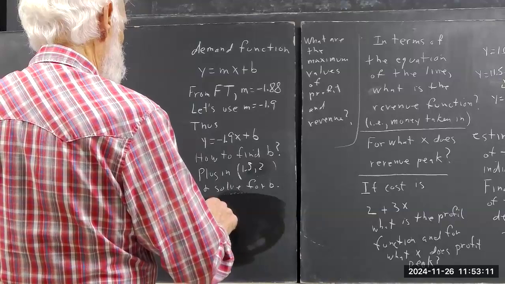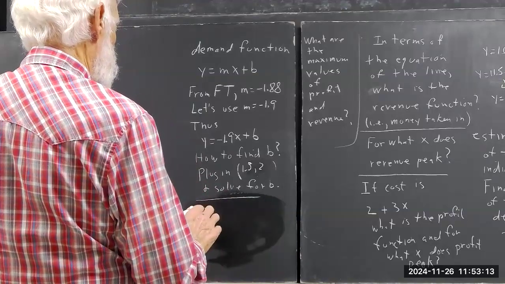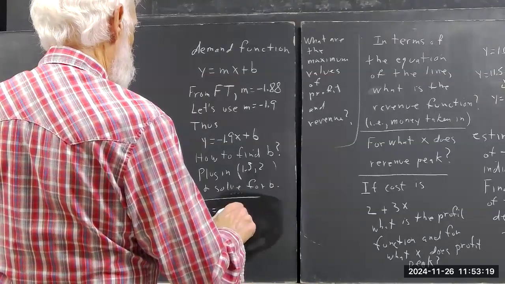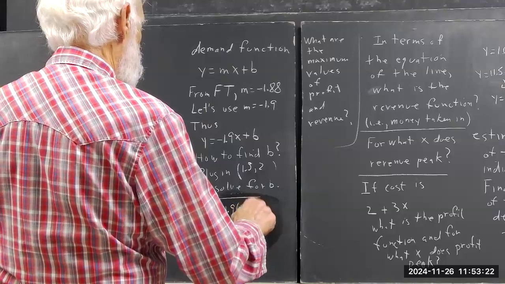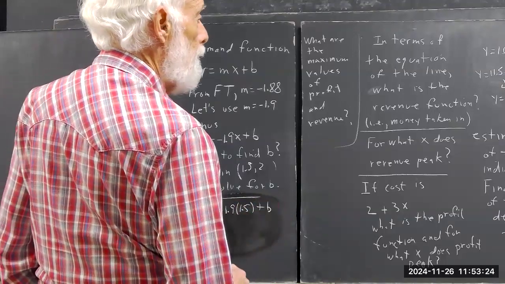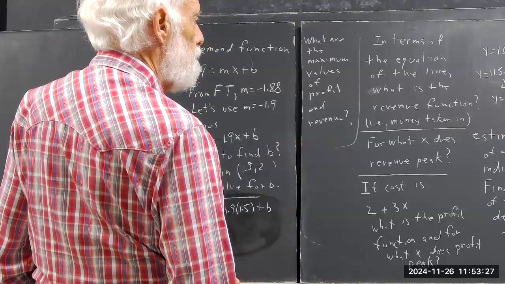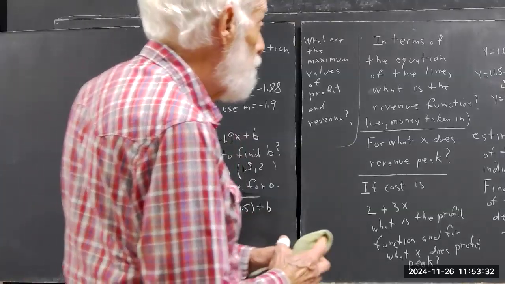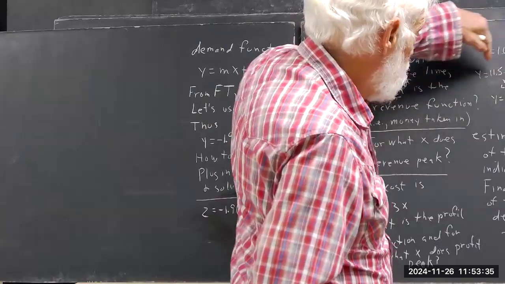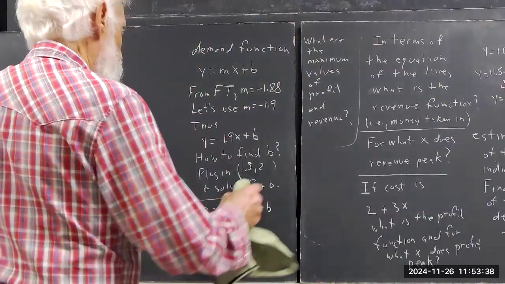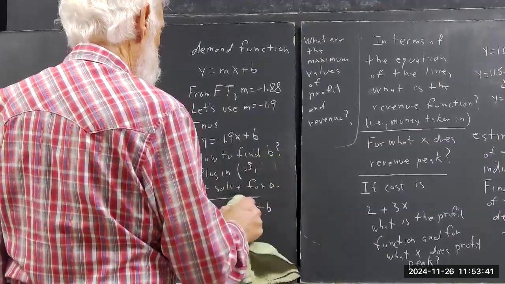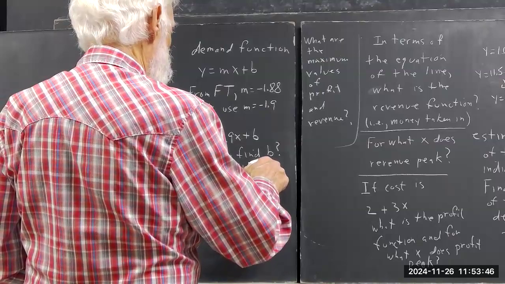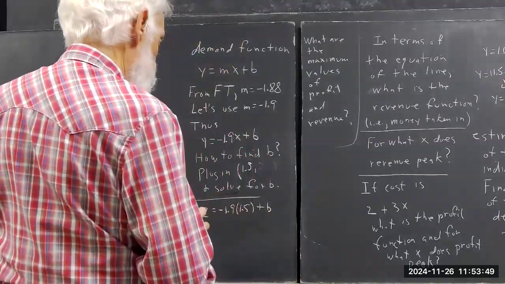So now we get 2 equals negative 1.9 times 1.5. He's not looking at my graph carefully enough. The x coordinate of this is 1.5, and the y coordinate is 11.5.